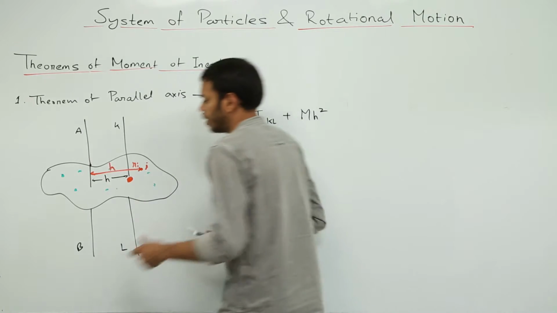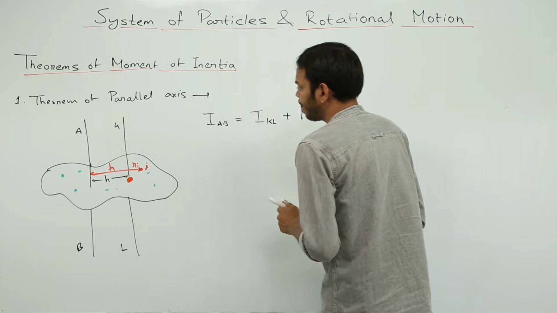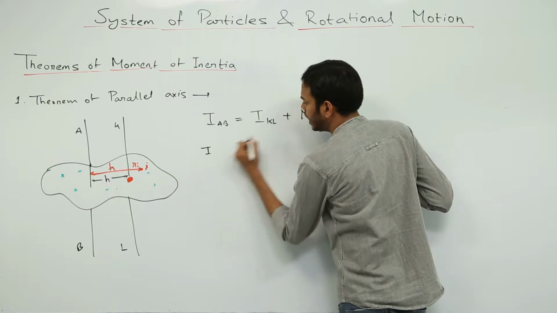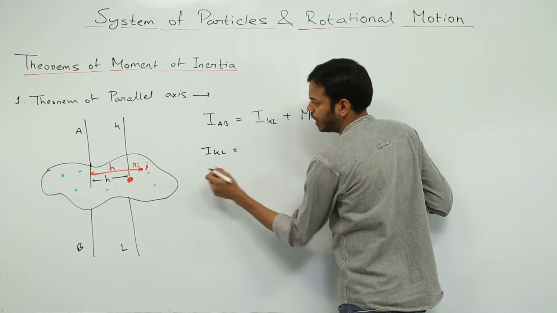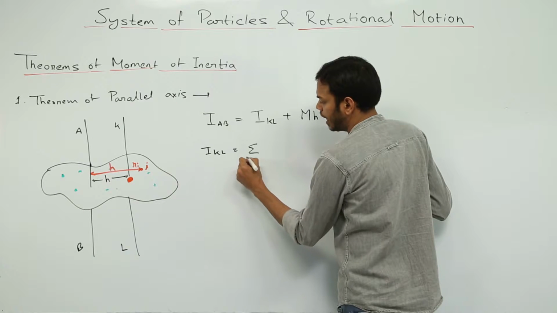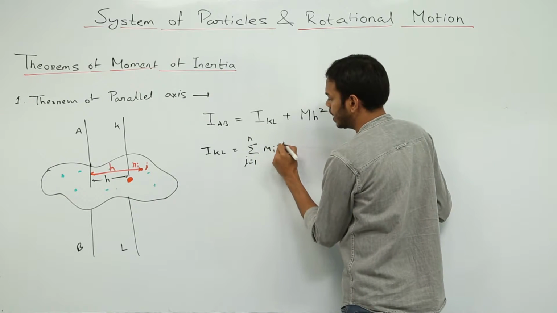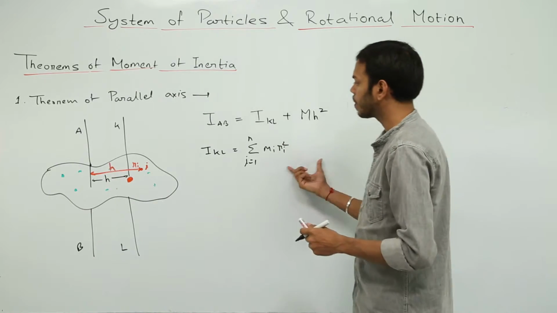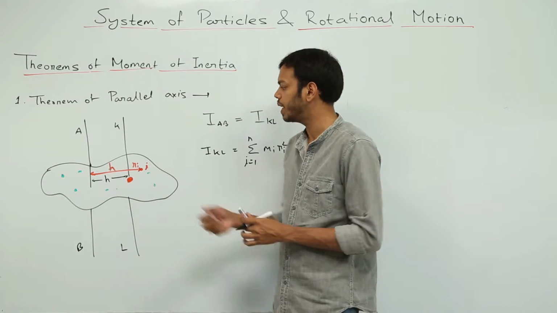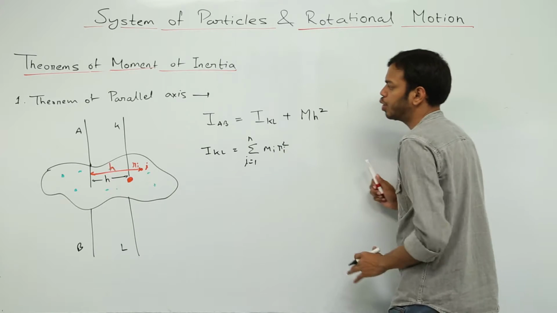Okay. Now the moment of inertia about the axis KL would be summation i equal to 1 to n of mi ri square. This is the general formula, and we have considered the ith particle to be here, so mi ri square. This is absolutely true.